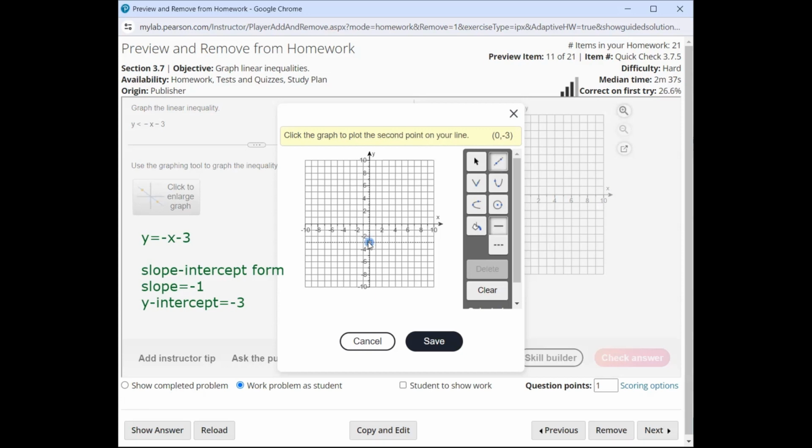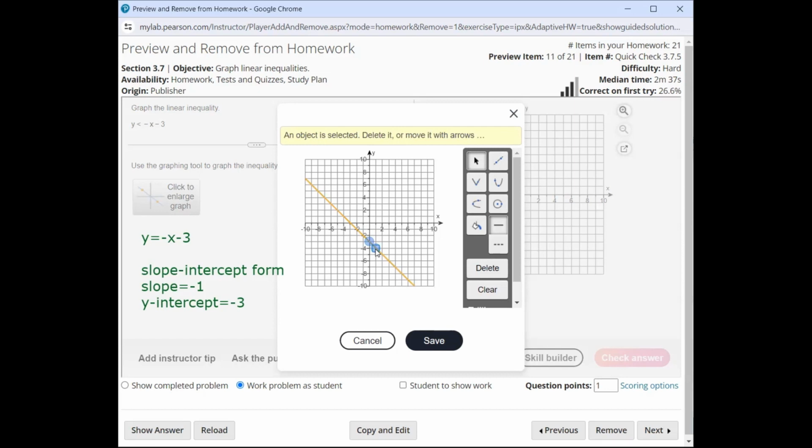We can get the second point using the slope. Slope is negative 1, which means that when x is increased by 1 unit, y is decreased by 1 unit. So the line should go through these 2 points.